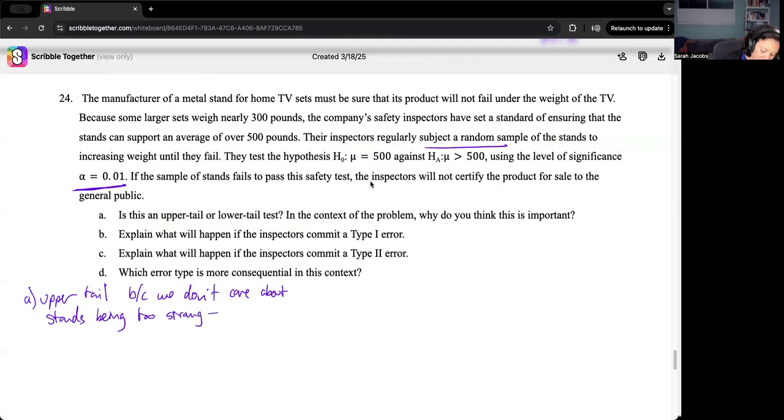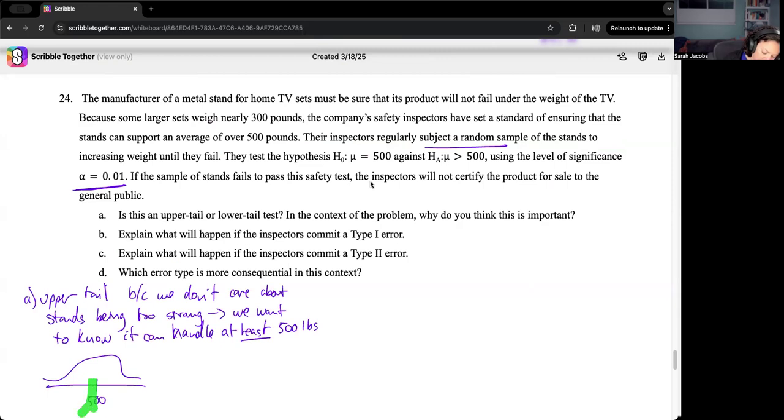We want to know that it can handle at least 500 pounds. Right? So if we think the null is here at 500 pounds, we want to know the probability that if this is true, we're here or higher, right? We don't really care about it being less because that's going to fail. That's not ideal.